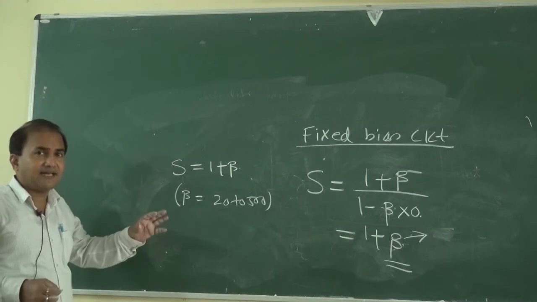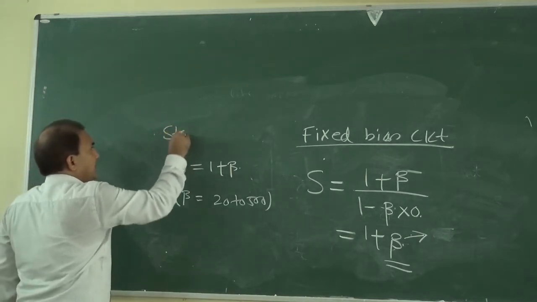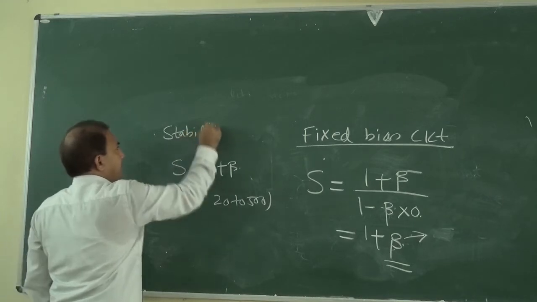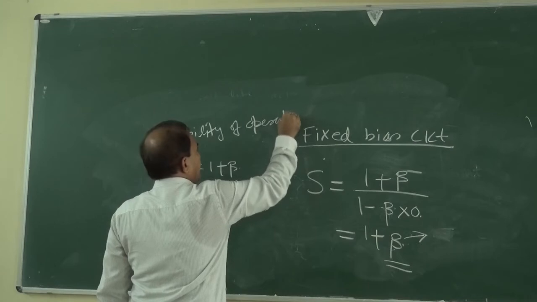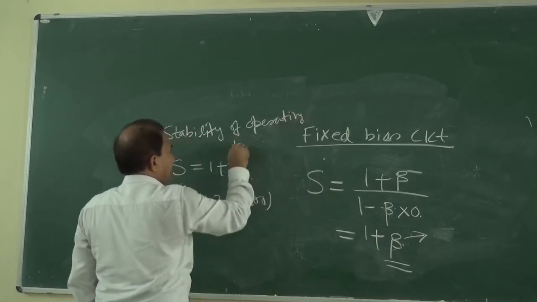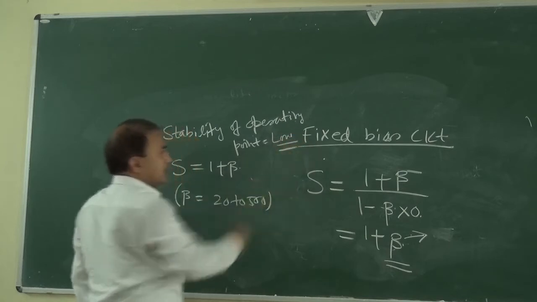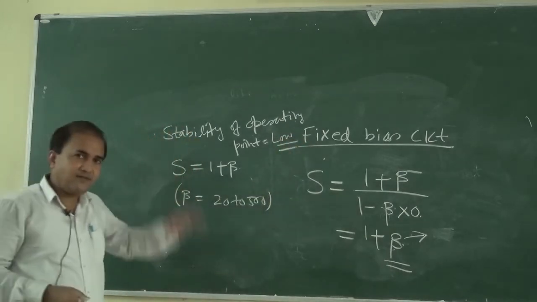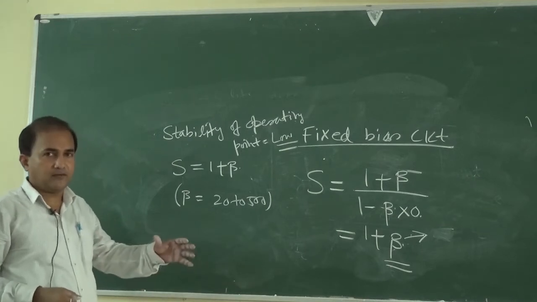If the stability factor is very high, then the stability of the operating point is very low. Higher the stability factor, lower the stabilization of the operating point.